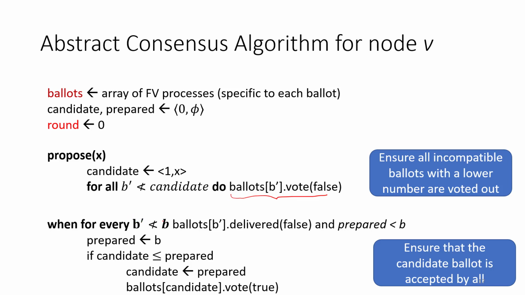B is always our current candidate and B dash is always the other one, so in that sense it still remains the same. But it should be clear that these are separate algorithms. So when every B dash which is lower and incompatible with B has its ballot deliver a false, it is successfully invalidated. Right?